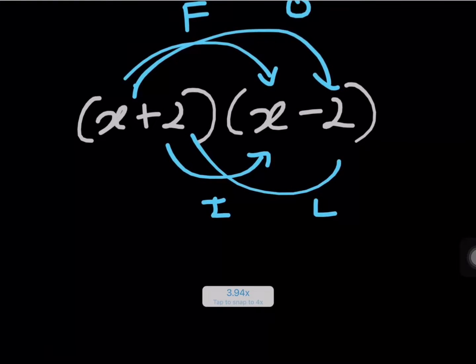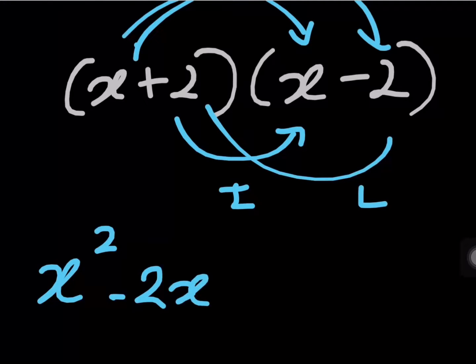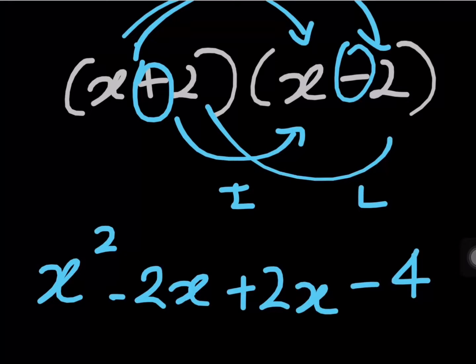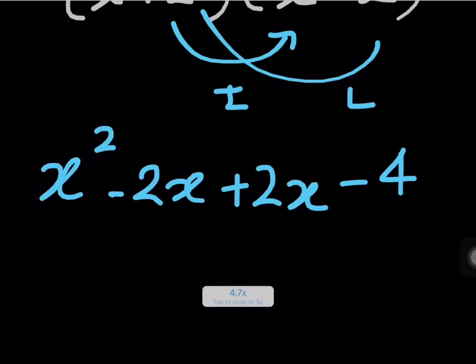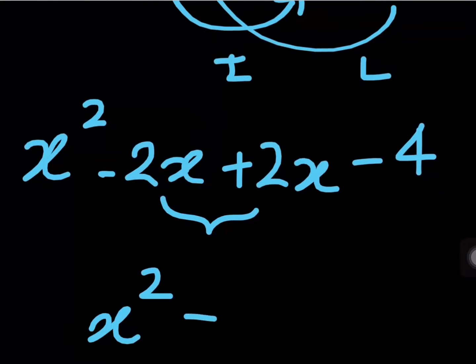So x times x will be x squared, x times minus 2 will be minus 2x, and 2 times x will be plus 2x, and plus 2 times minus 2 will be minus 4, because these are two unlike signs or opposite signs, so they make a minus. Now we can simplify these two, it'll become 0, so the answer will be x squared minus 4.